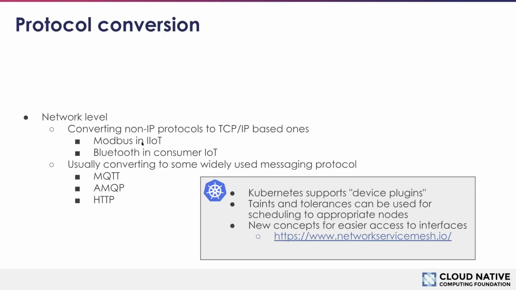Device plugins allow device manufacturers to write plugins to advertise their hardware to the kubelet, and then the pods and container workloads can request those features. And we can also use taints and tolerations to make sure that workloads are scheduled to the appropriate nodes that have appropriate features, right?